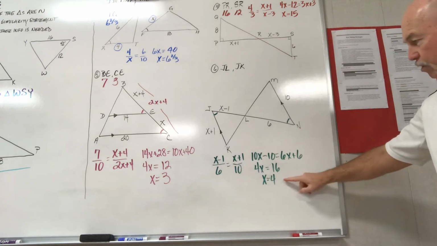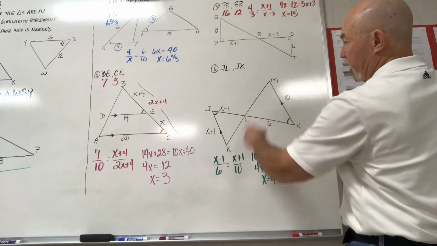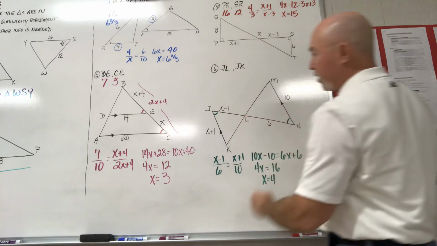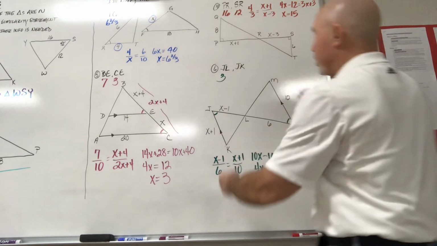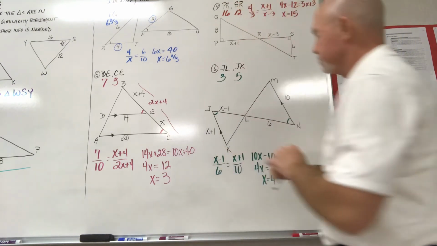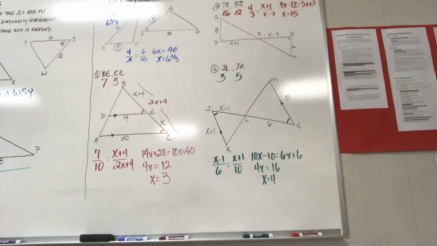So we work it through, we're going to get x equals 4. So, JK and JL. Well, 4 minus 1, 4 plus 1. There's that.